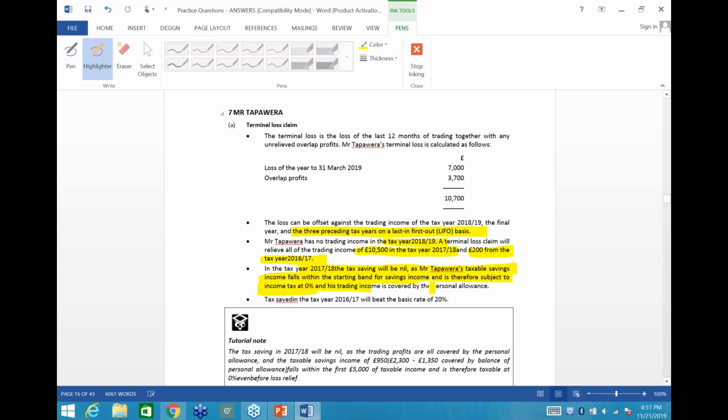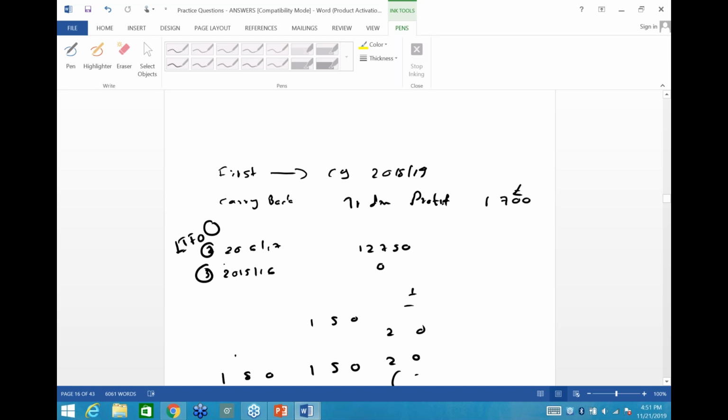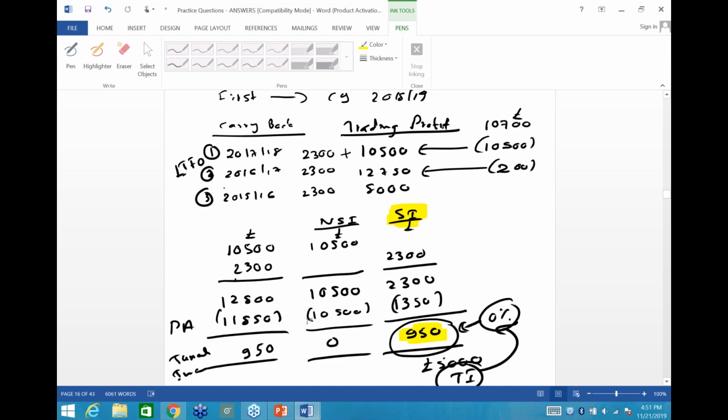And his trading income is fully covered by the personal allowance. We saw that his trading income, this is 10,500, was fully covered by the personal allowance. So it didn't give us a benefit.